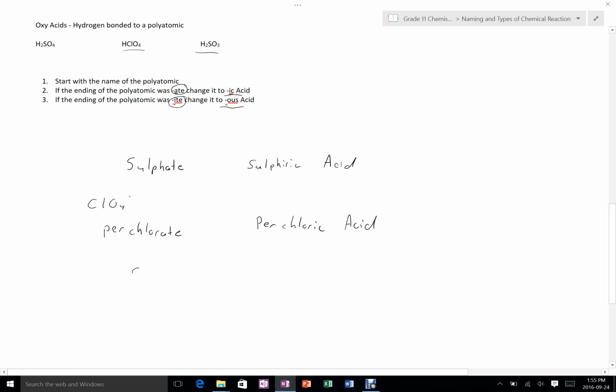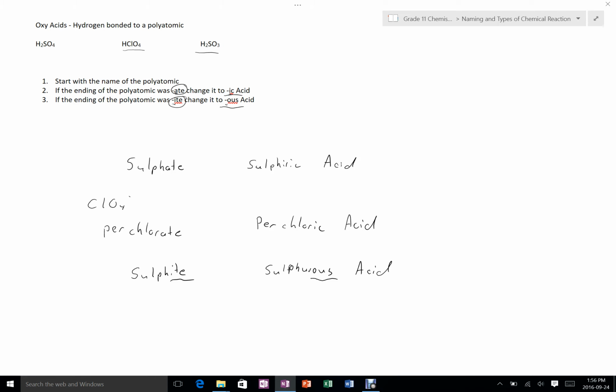SO3 here is sulfite. So this one would turn into sulfurous acid. So here we had the ous because this was the ite. So that's how you name binary acids and oxyacids.